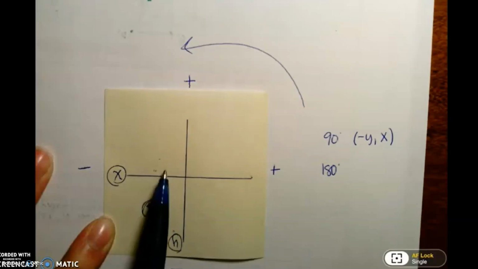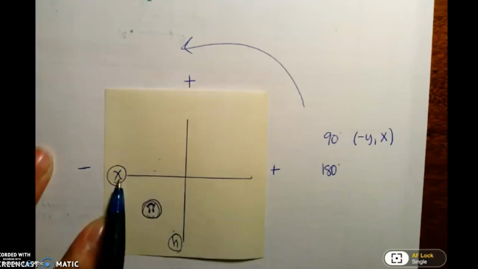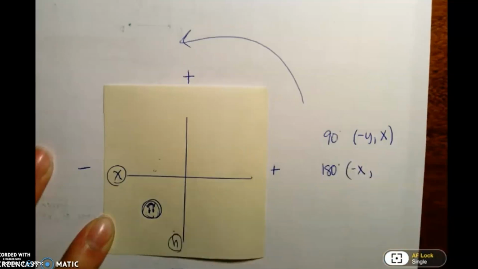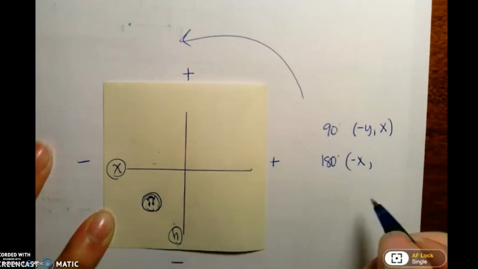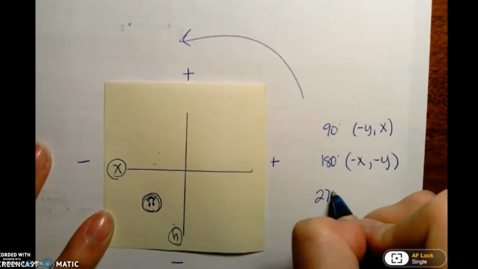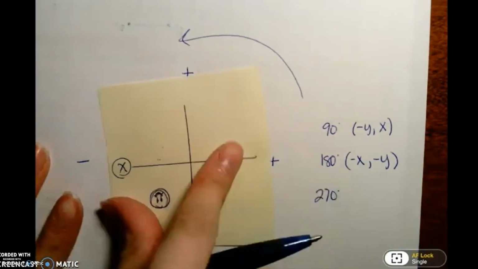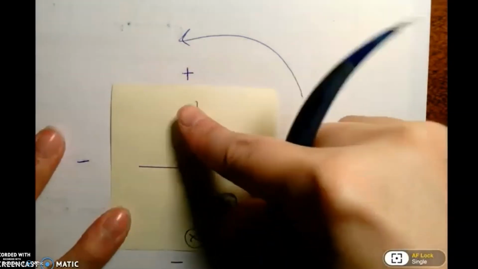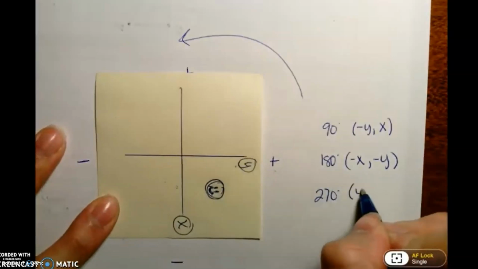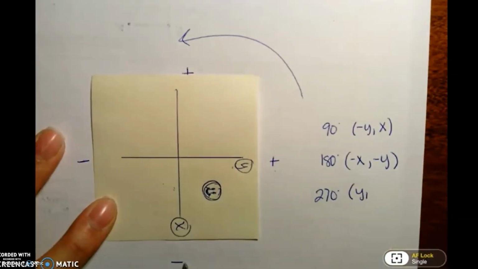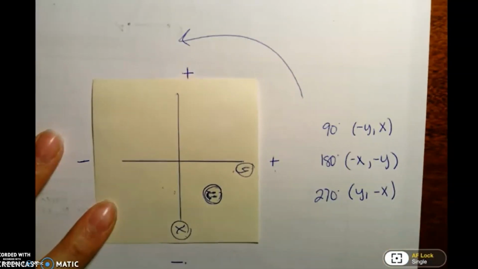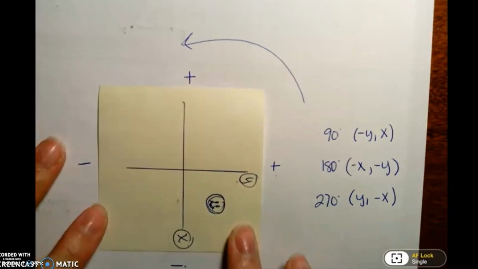So to plot our smiley face, we go negative X and negative Y. Okay, and then for 270, we rotate, and we are at positive Y and negative X.